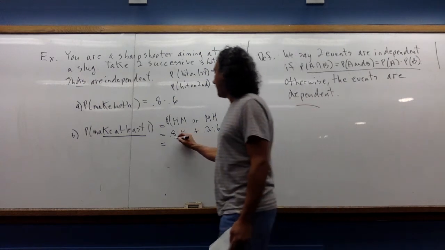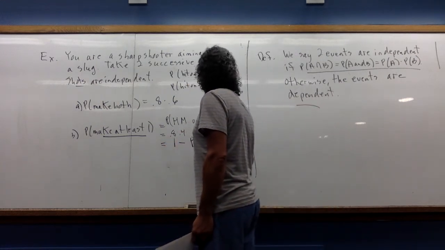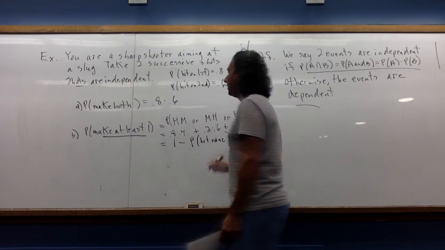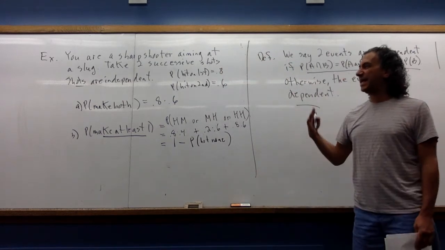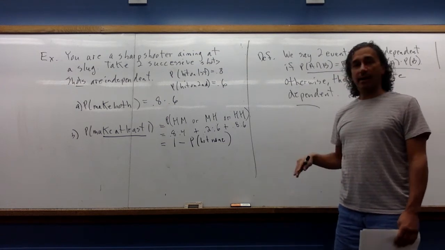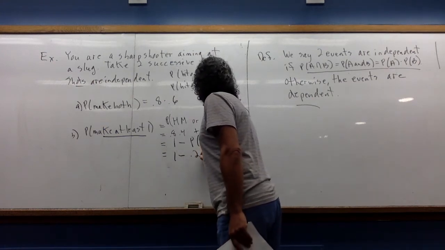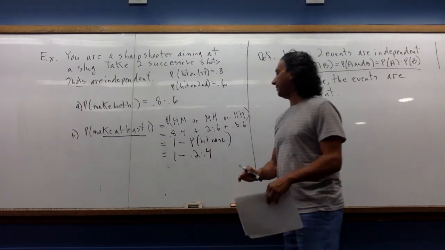So this is 1 minus the probability of hitting none. The complement of hitting at least 1 is that you hit none. 1 minus 0.2 times 0.4, and you're done.